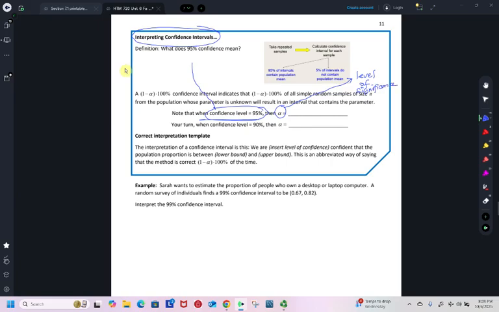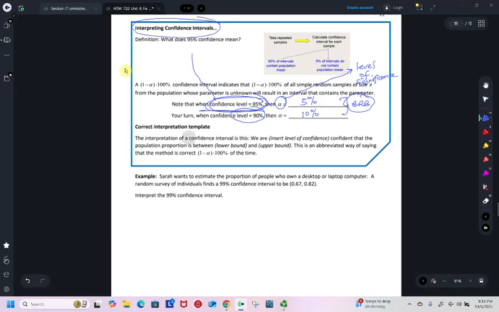It is denoted by alpha. If the confidence level is 95%, then alpha will be 5%. If the confidence level is 90%, then alpha will be the remaining 10%. Keep this in mind. We'll be right back to this in the next lesson.